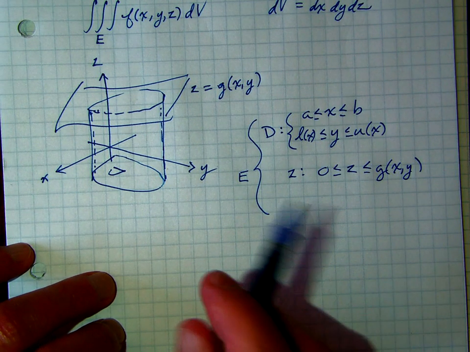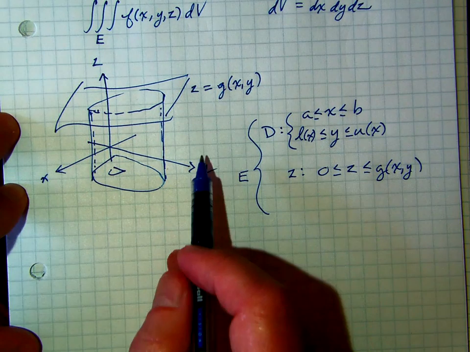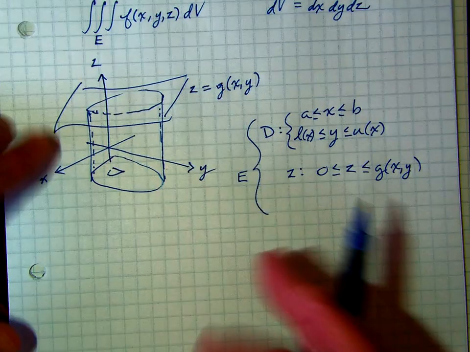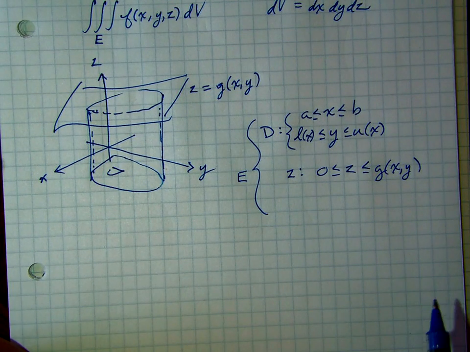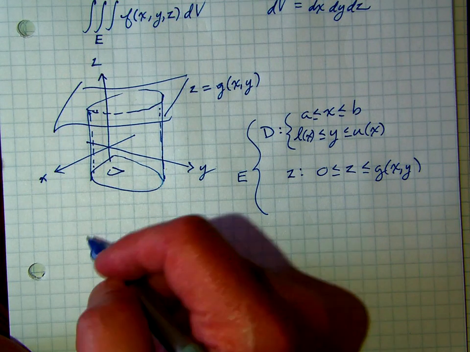It's possible to have a function g1 and a function g2 and be sandwiched in between, but I don't want to be that complicated right now. So let's do this.